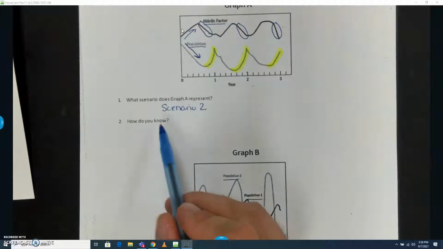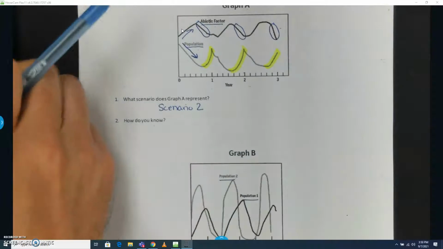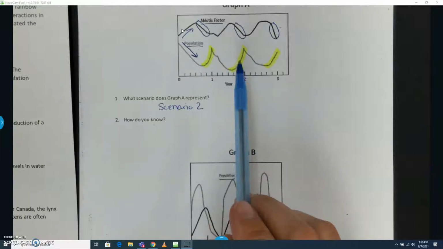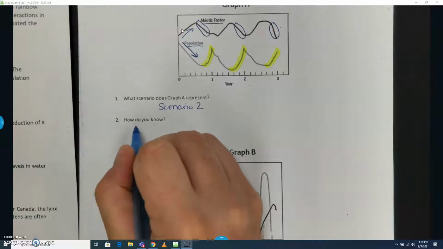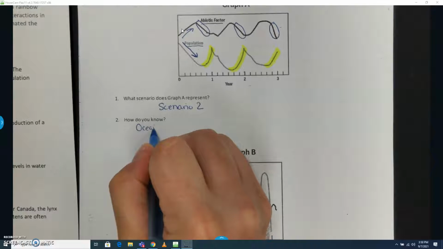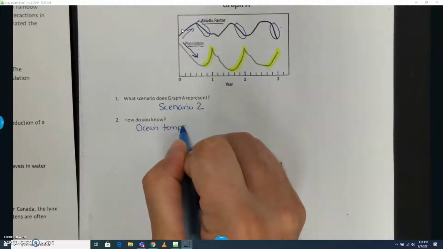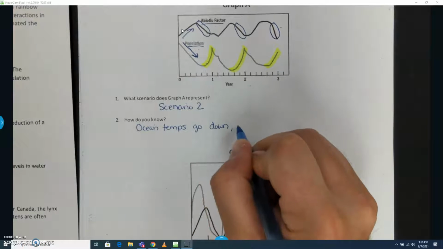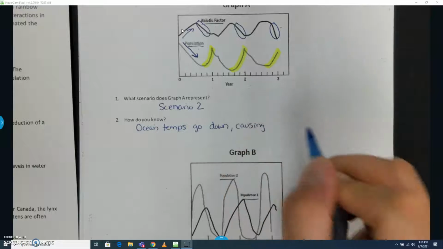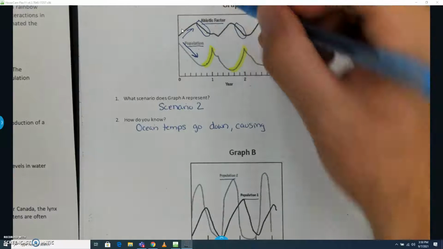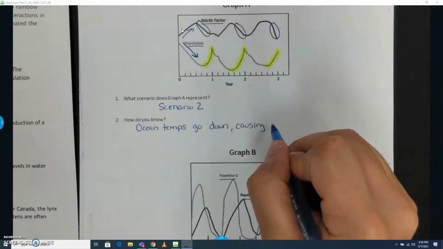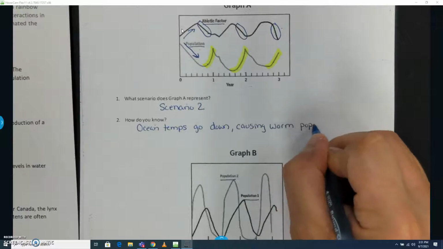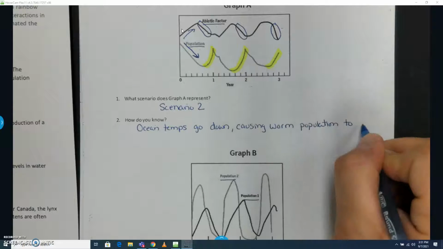Now how do we know that? Here's where we have to justify our response. So we're taking what we saw here and putting it in along with what we see here. So scenario 2, how do we know? Ocean temperatures go down. And when the ocean temps go down, it looks like it causes the populations to go up, specifically the marine worm population to go up.